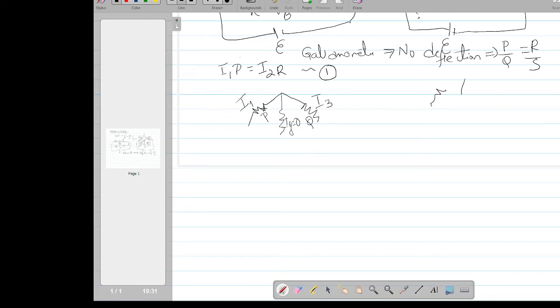So from this what we have understood is that the value of I1 becomes equal to the value of I3.